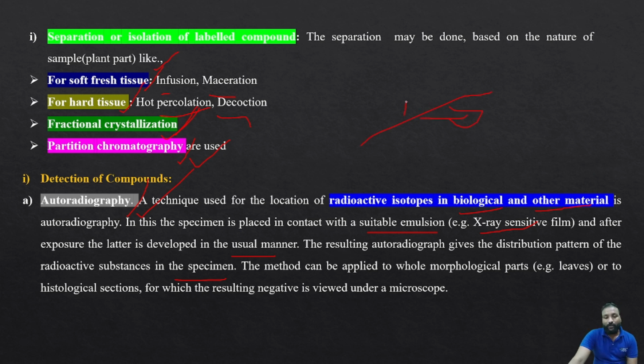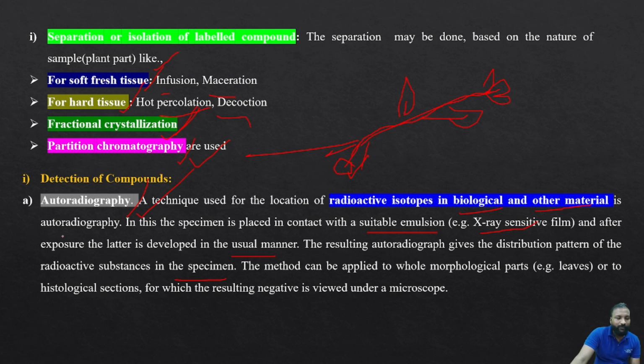Assume it is an entire plant, with roots and a shoot tip. We don't know where the compound is. I have incorporated it by means of root feeding. Even though it has traveled and the plant has grown, how can you say at which location this radiolabeled compound is there?